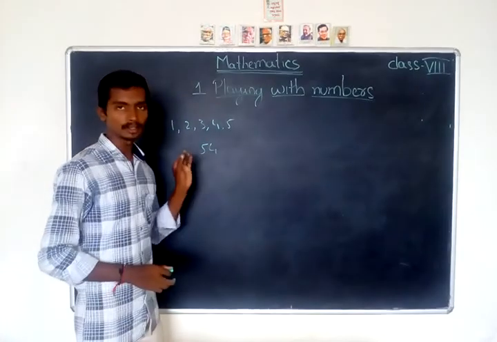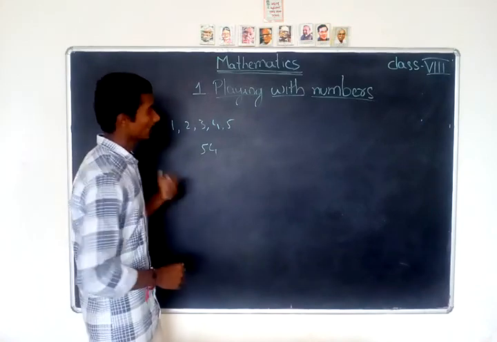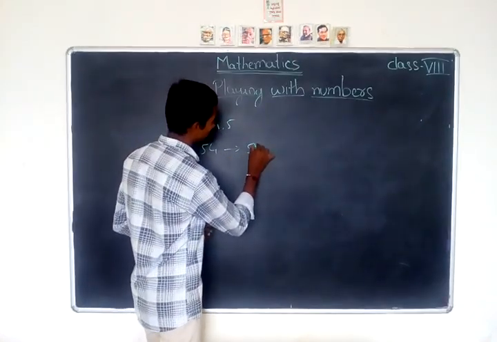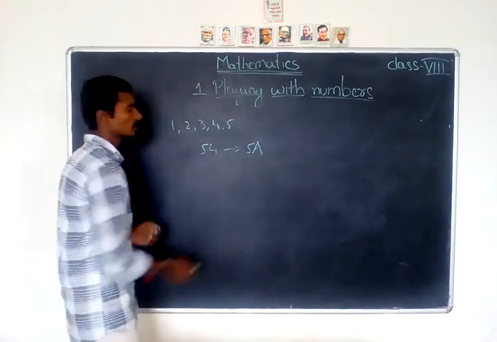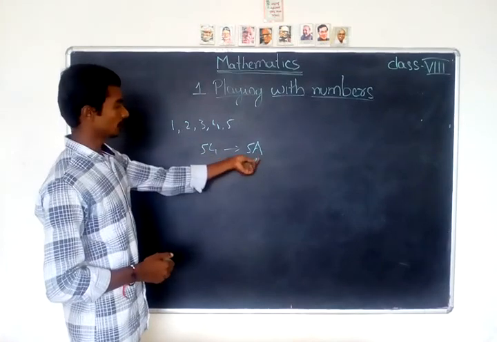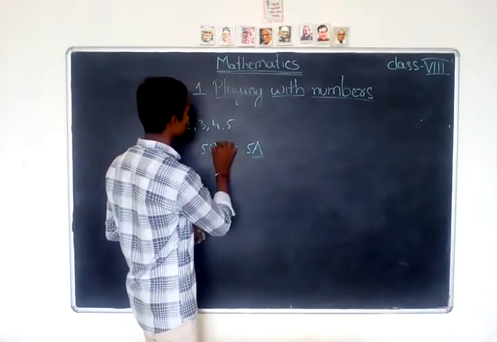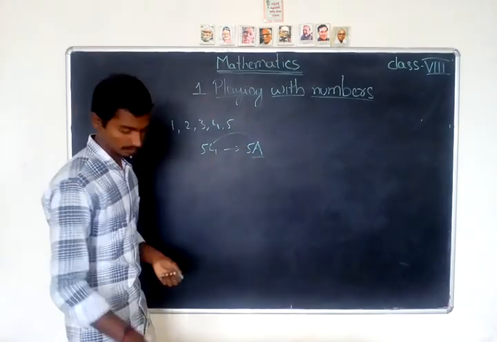This is also a number. If I write this number in some other way, like 5 and 8, then what is this? This is an alphanumeral. An alphabet has taken a value. Okay, this alphabet can take any value.